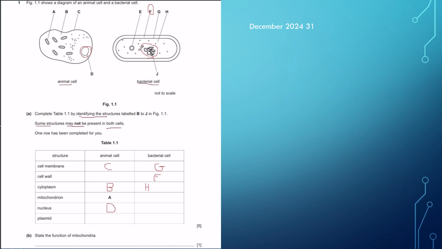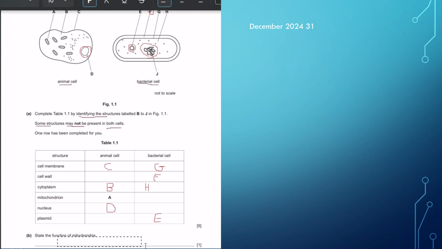And our plasmid is the circular piece of DNA we find here. So our answer here would be E. And then we have to state what mitochondria do, and that's energy production, or we can say respiration.